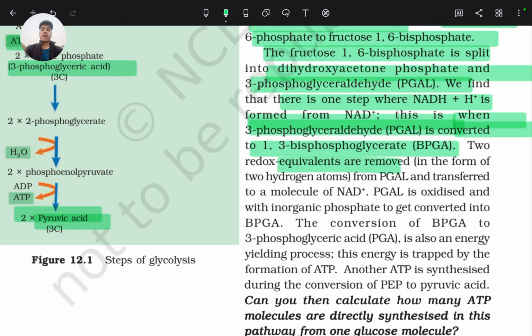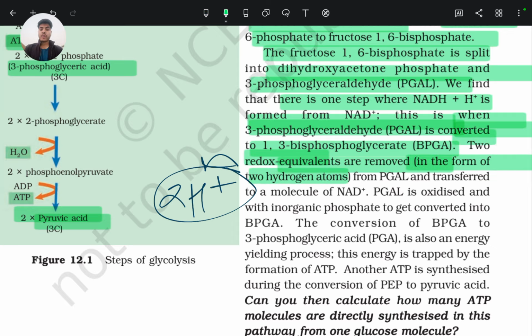Two redox equivalents are removed in the form of two hydrogen atoms from PGAL and transferred to a molecule of NAD plus to form NADH. PGAL is oxidized with inorganic phosphate to get converted into bisphosphoglyceric acid.